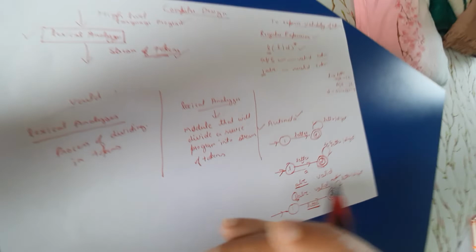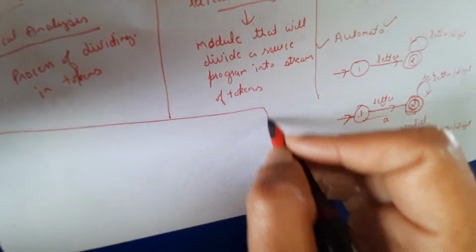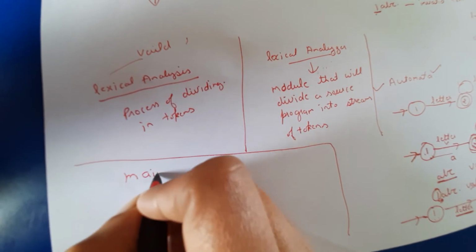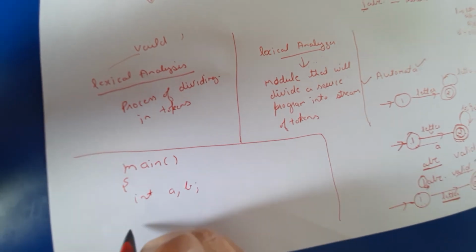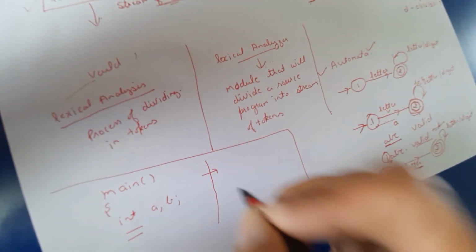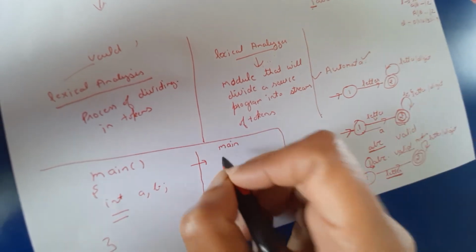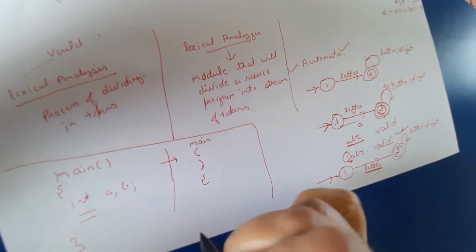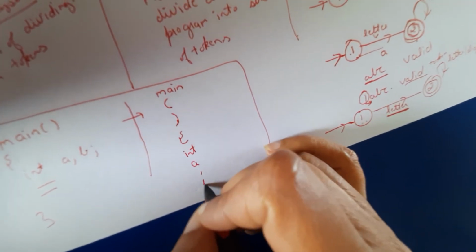What is basically the function of the lexical analyzer? Suppose I have a C program. The lexical analyzer will produce the lexemes like main, the braces, the closing braces, the curly braces, int, a, comma, b.